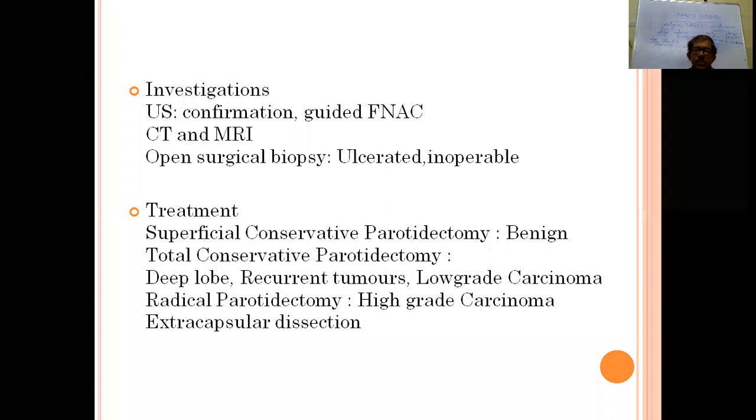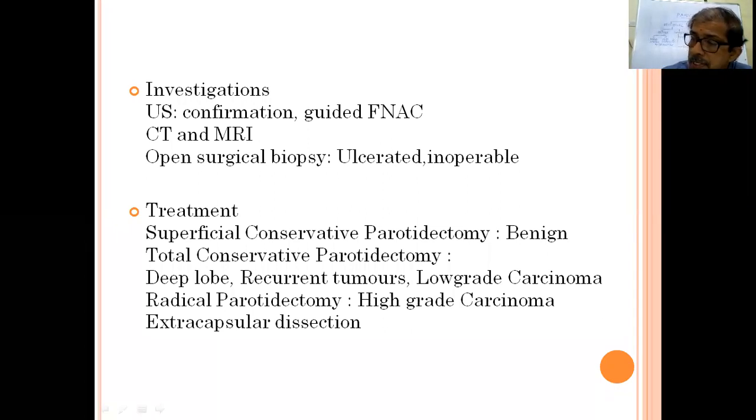What is this Warthin's tumor? It is a monomorphic adenoma. There are other varieties of monomorphic adenoma, but Warthin's is seen only in the parotid.